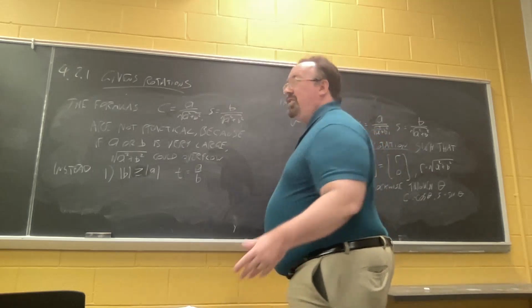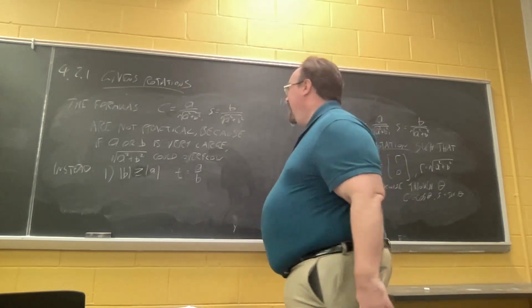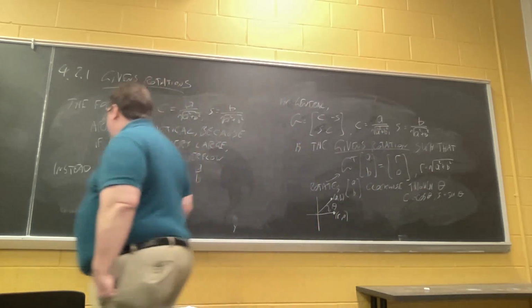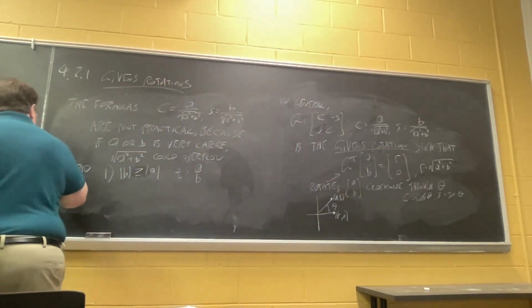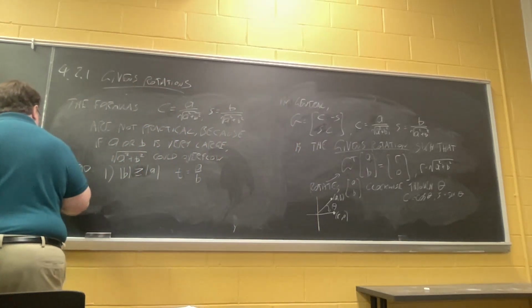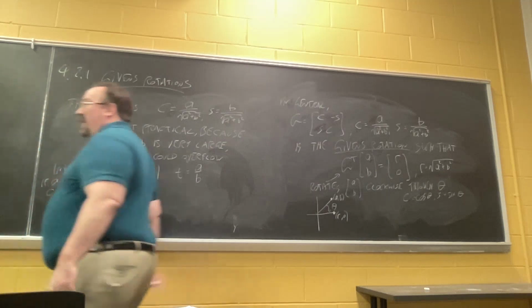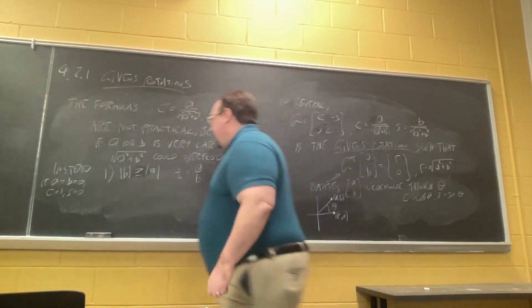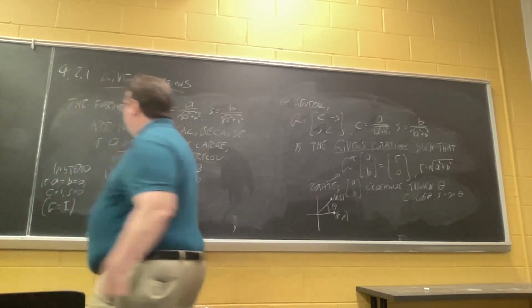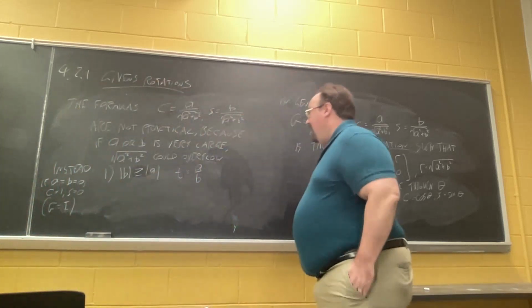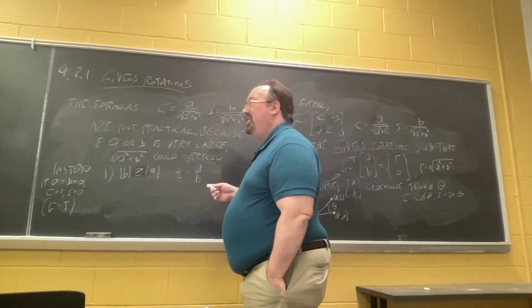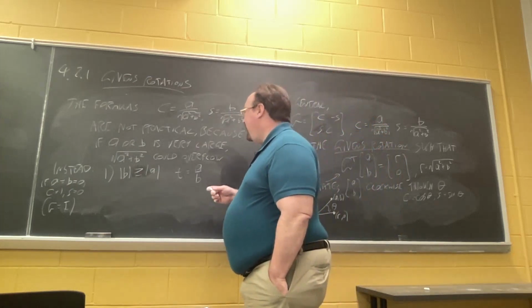Then G is identity. So I'll do a side case over here: if A equals B equals 0, then C is 1, S is 0, we stop. Otherwise, one of these is non-zero.